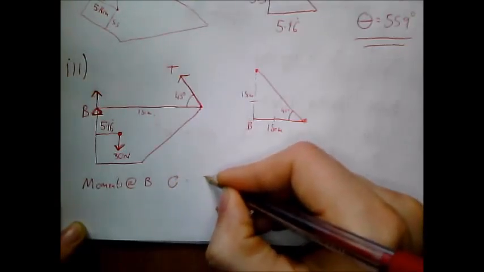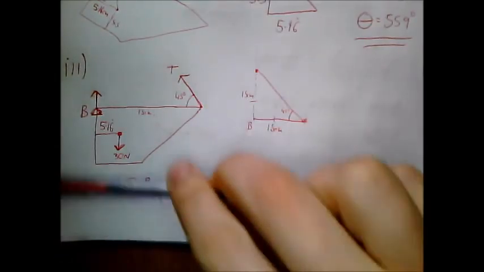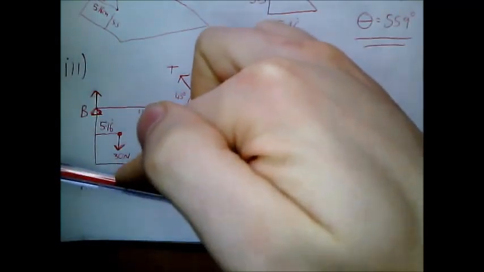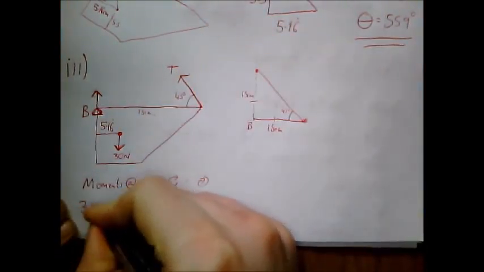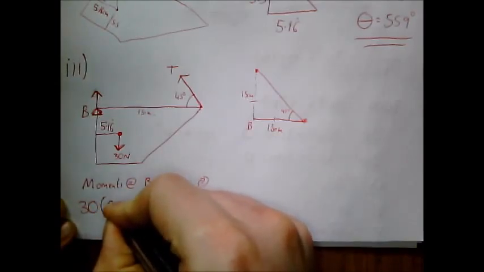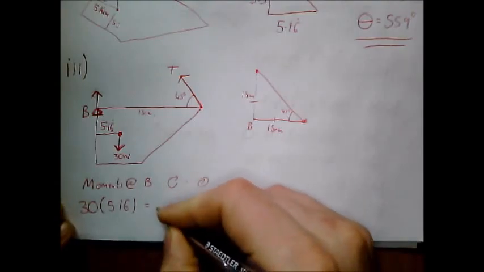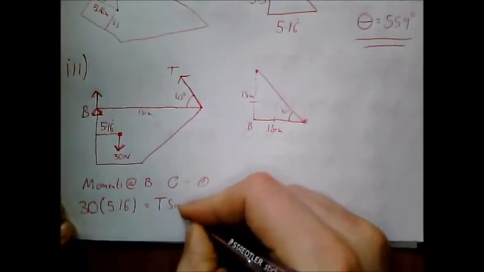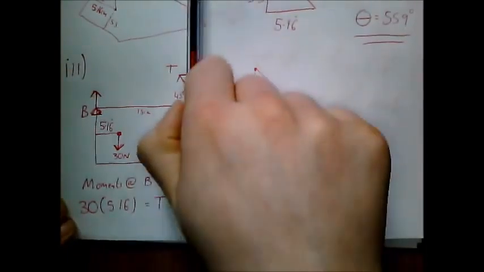Clockwise moments equal anti-clockwise moments. If the pivot's here, this one's causing a clockwise moment. So 30 lots of 5.16 will be equal to T sine 45.